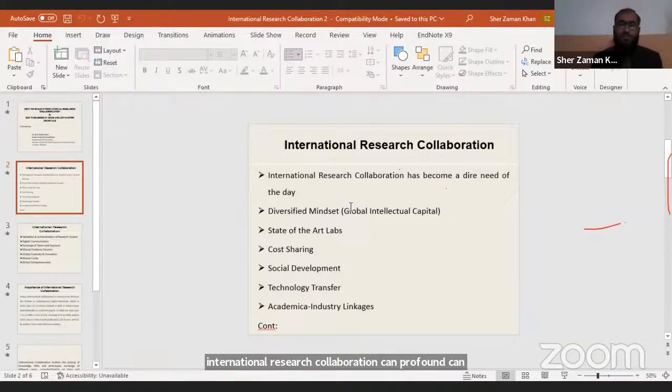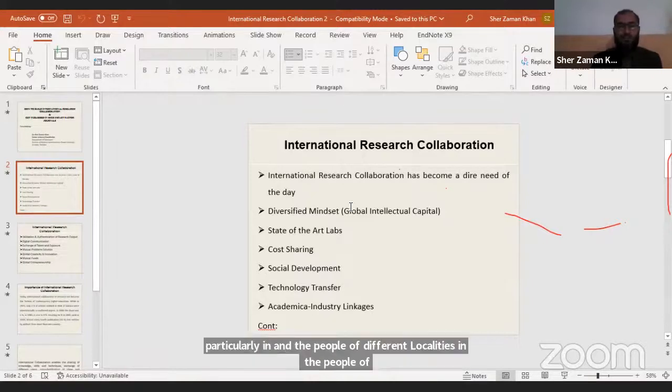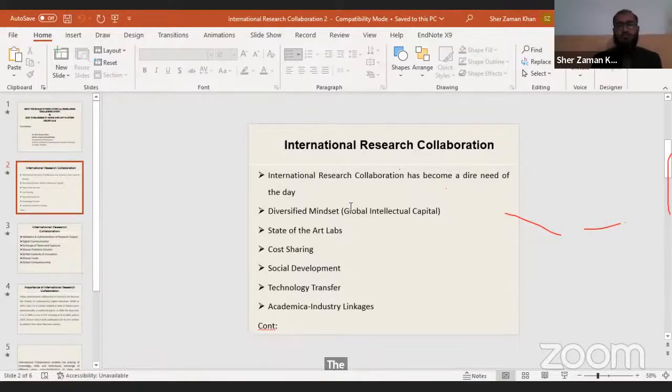Similarly, social development. If there is no concept of international research collaboration, there will be the least social development, particularly among people of different localities and different countries. For example, I am here from Pakistan, someone is from China, others are from Kazakhstan, and the host group of researchers belong to Indonesia.